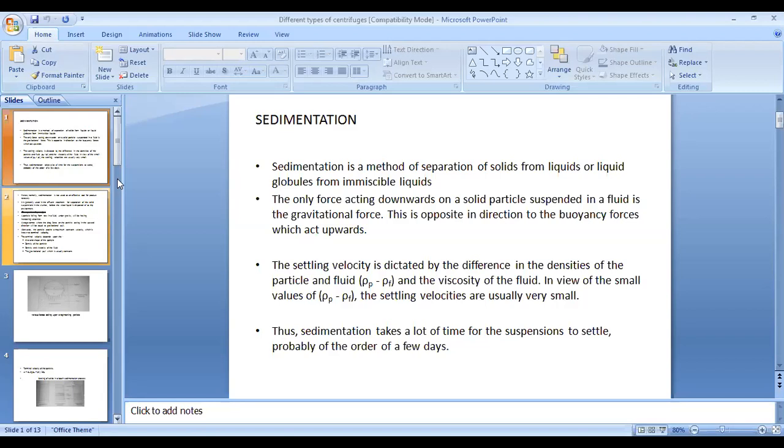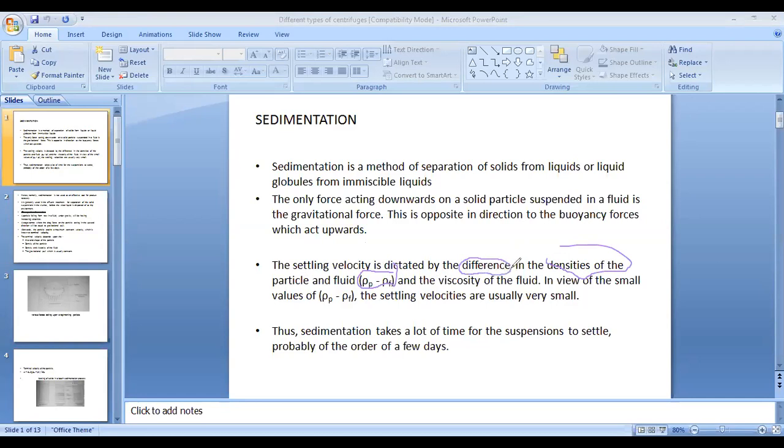If you see here, the difference between the densities of the fluid and the particle tells us the time required for the sedimentation.